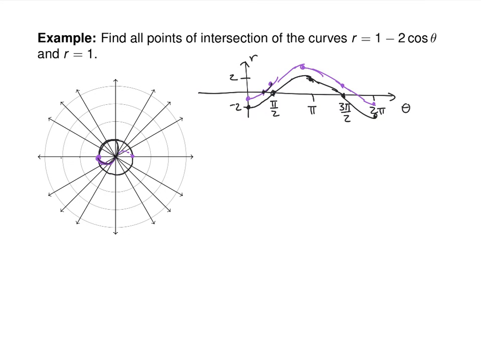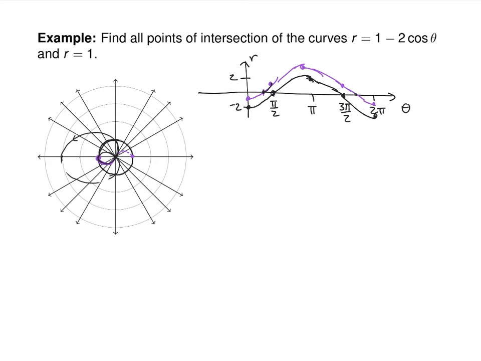By pi, we're out at 3. By 3 pi halves, we're back at 1. And got a little bit of time until you go back down to 0, and then that loop finishes off. So this should be a little bit more circular, it's just my inability to draw. So you'll have to excuse my inability to draw.